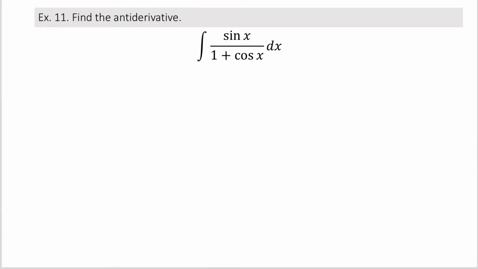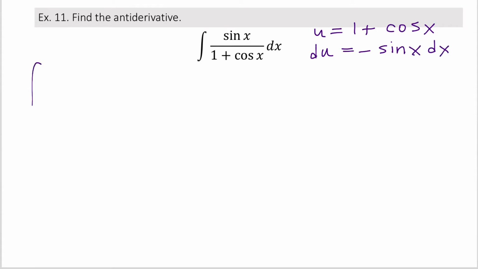So looking at the setup here, we've got what looks to be a 1 over u setup again. If this is u, let's just try it. u is equal to 1 plus the cosine of x. du would be negative sine of x dx.